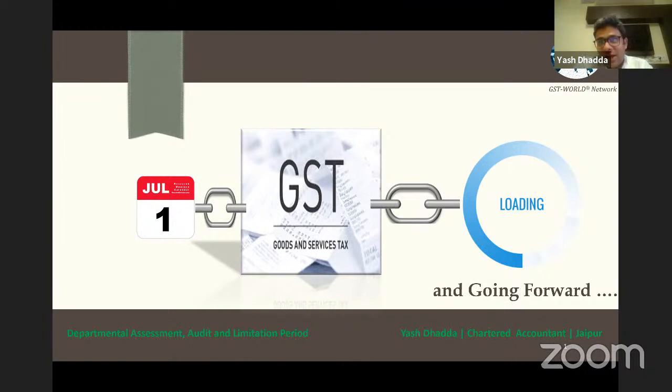But before I start, I always say that in my presentation, the first slide shows loading. That loading is not a technical problem of my website, but something which is currently the state of GST in India. It is still at the loading stage, not yet settled.